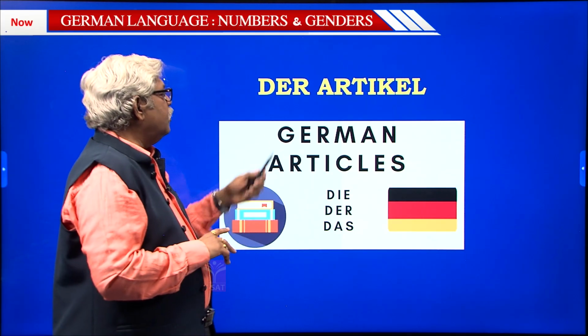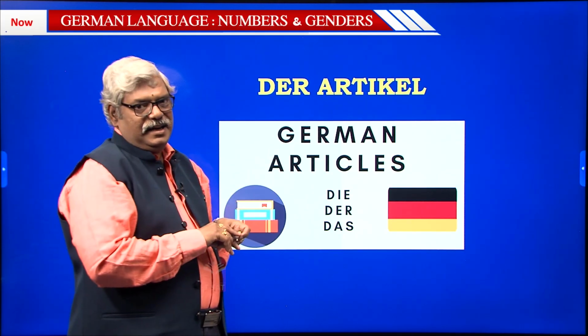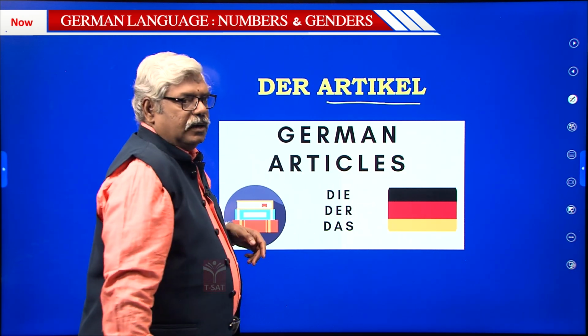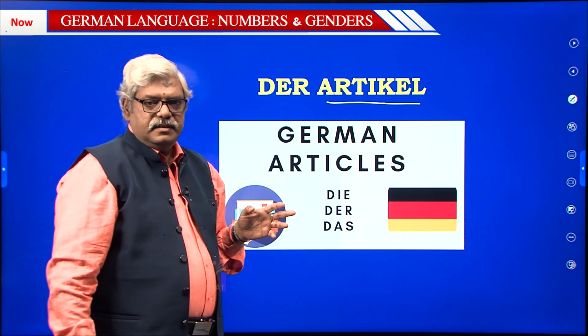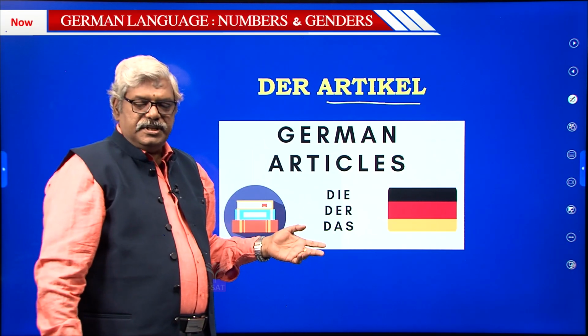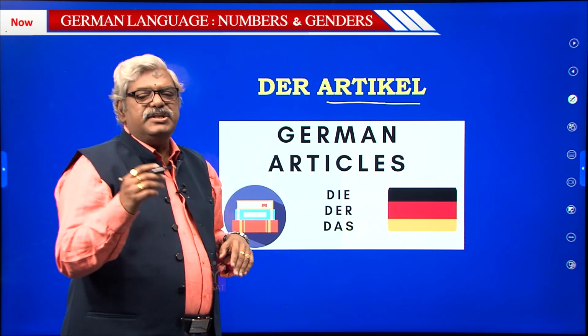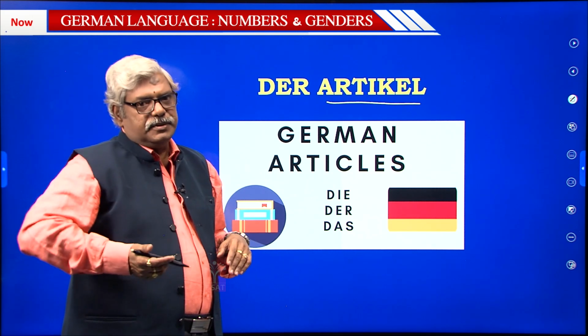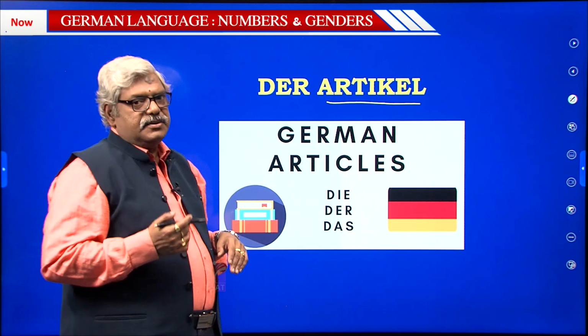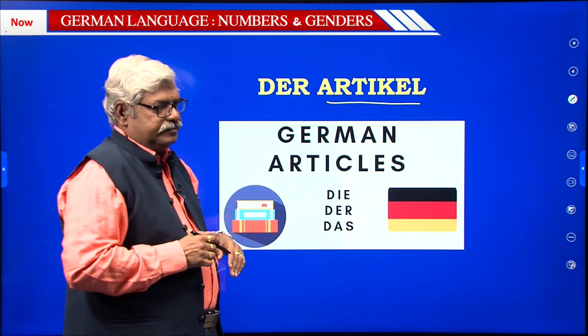Genders in German are called Artikel. Now, what are articles? In English, we translate that into gender, which is said as der, die or das. So let us now see what are the genders.